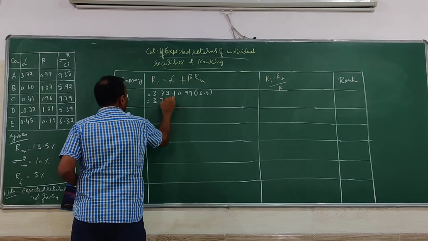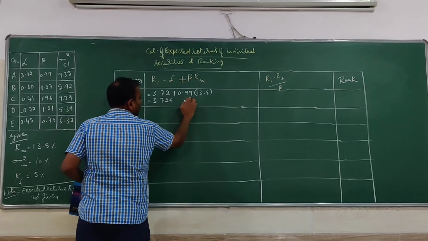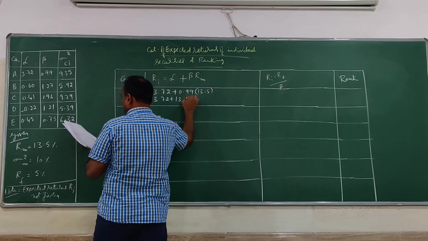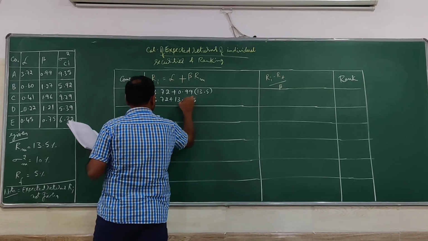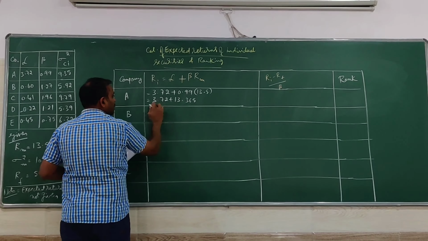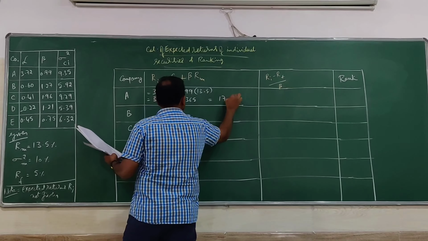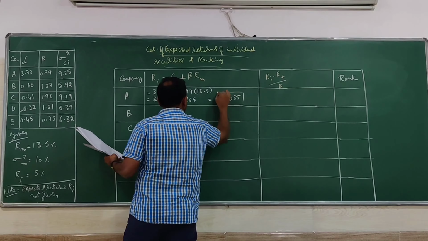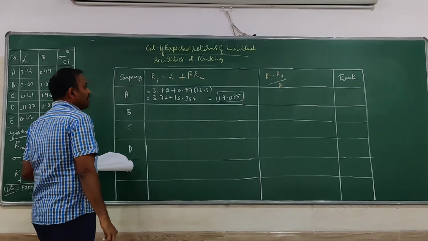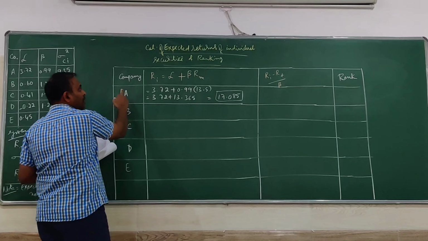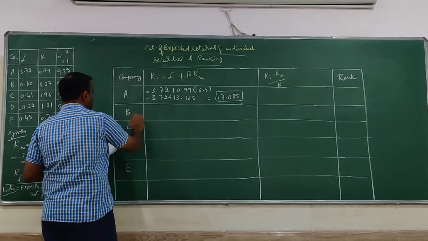So if I simplify 0.99 into 13.5, I get 13.365. After getting this, we have to add and find the value. The final answer, 17.085, is the return on company A stock.